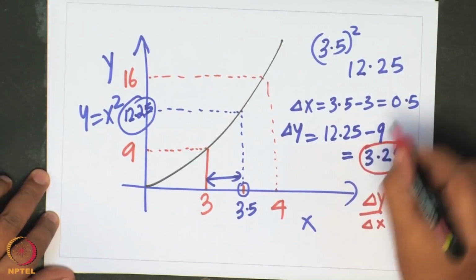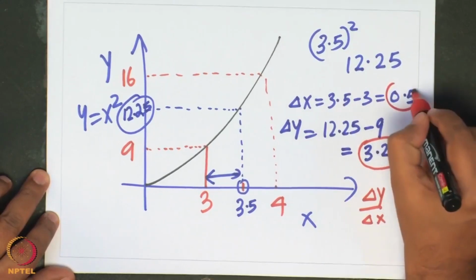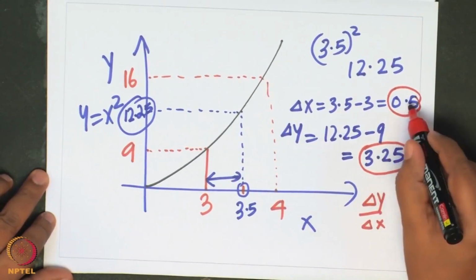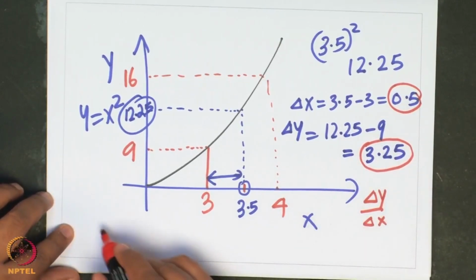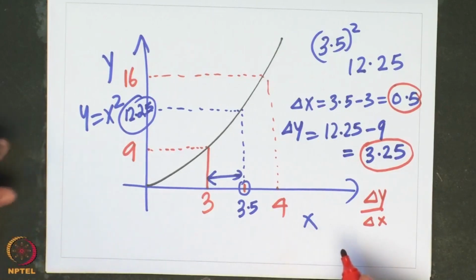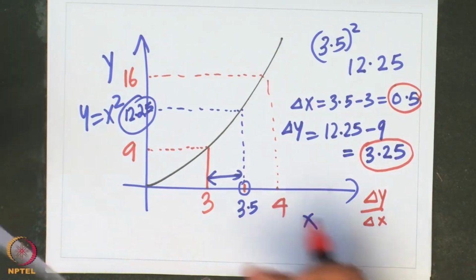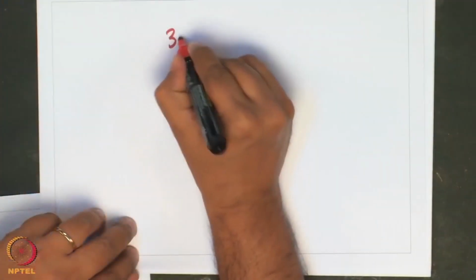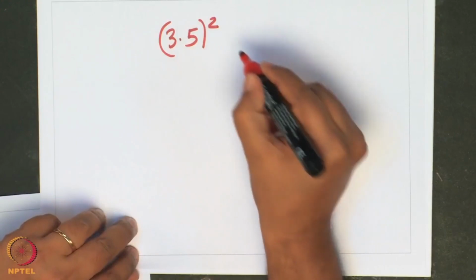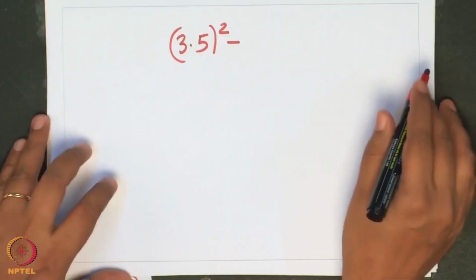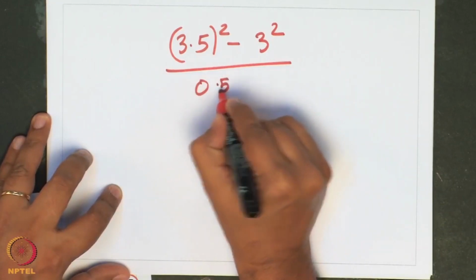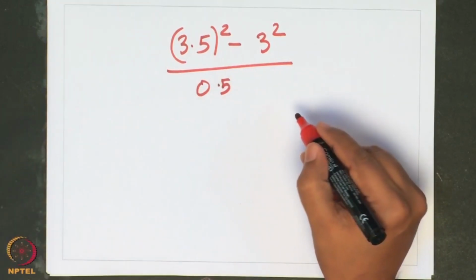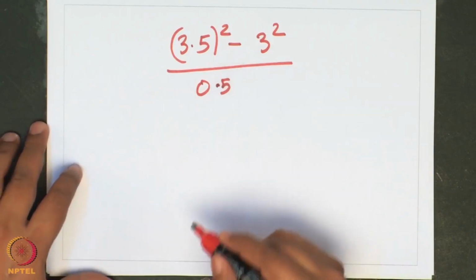Let me write it on a different paper. What we got is basically 3.5 square minus 3 square divided by 3.5 minus 3, which is 0.5.